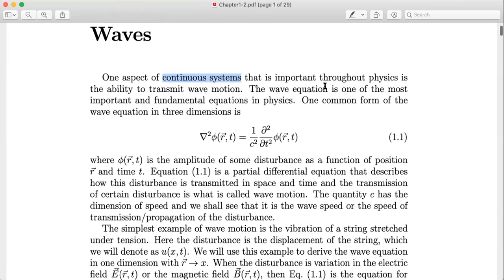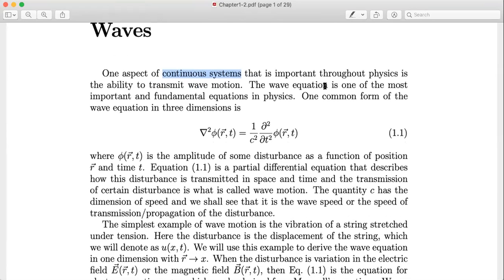So we will be mainly dealing with a common form of the wave equation. I think we'll basically use one dimension most of the time for illustration, but the general wave equation is in 3 dimensions.